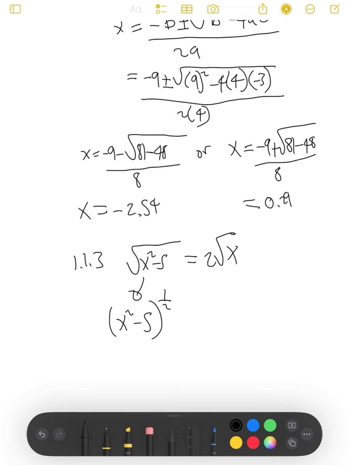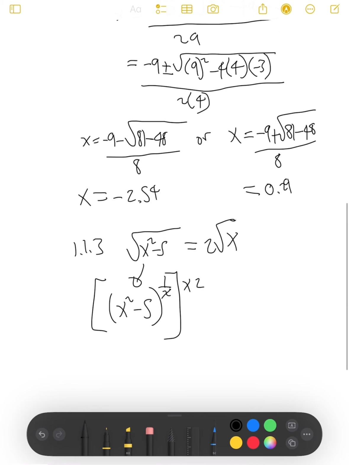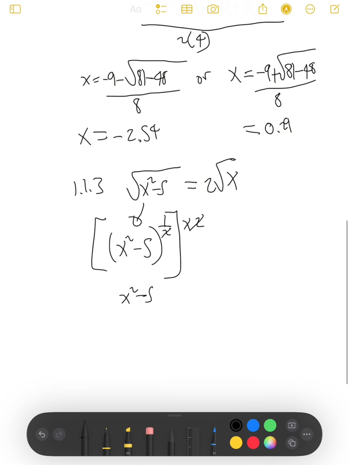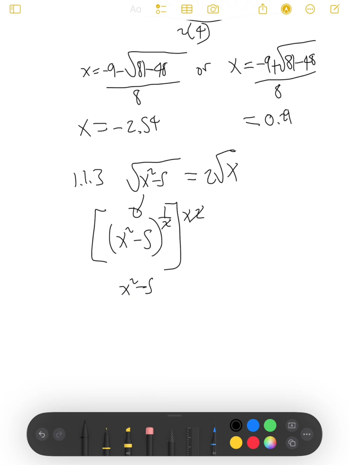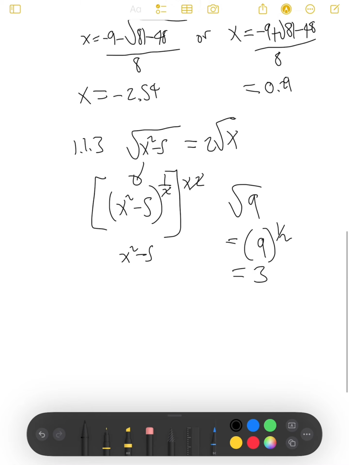So if you multiply by 2, raising everything to the power of 2, the 2's will cancel out, and you'll just be left with x squared minus 5. We follow the same logic in these types of questions. Another example is the square root of 9, which is the same as 9 raised to the power of half, which is 3. So let's move forward and solve the question.